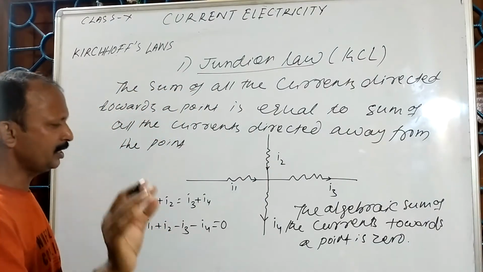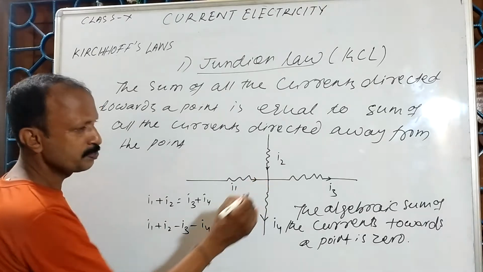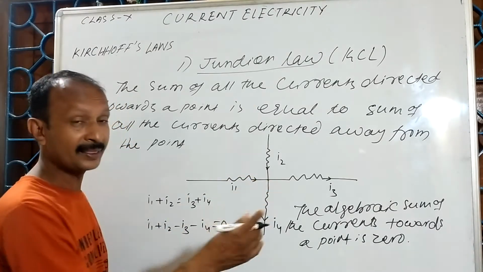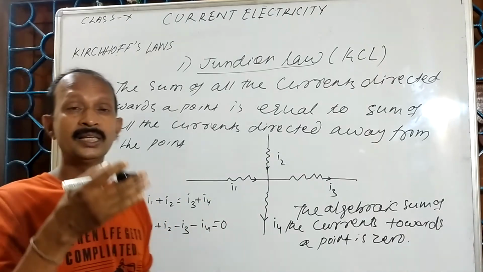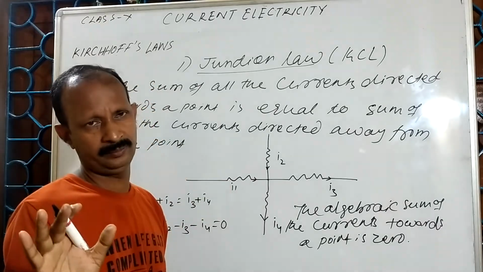That means the net current at this point is 0. How much current is entering here, at the same time the same amount of current is leaving the point.